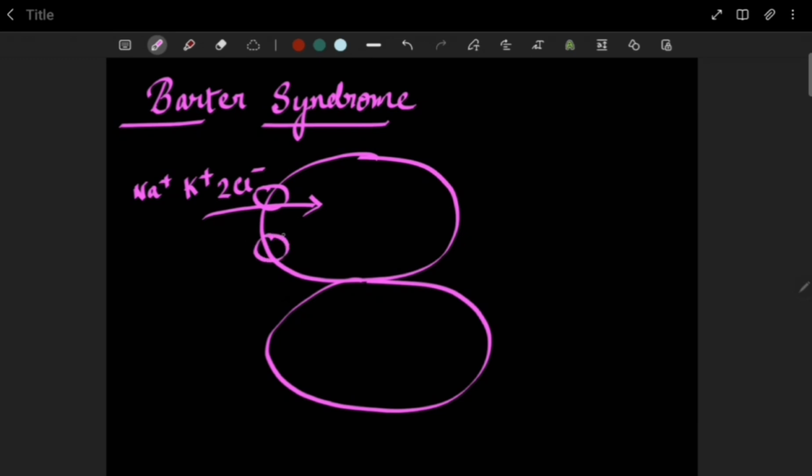There is a ROMK, that is renal outer medullary potassium channel, via which potassium is being excreted out along with H plus. And on the basolateral side, we have the 3Na plus 2K plus channel.